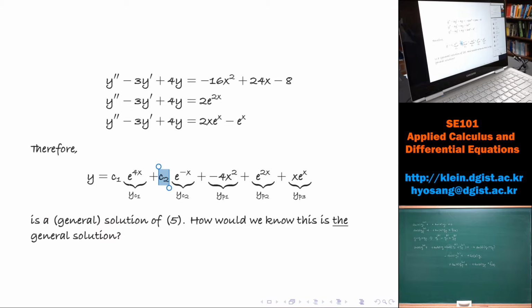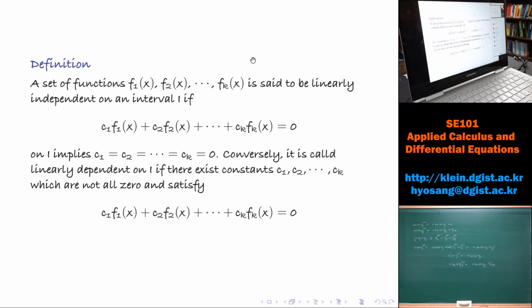So our question is, if you found some general solution, how do you check this is the most general solution, i.e. the general solution?